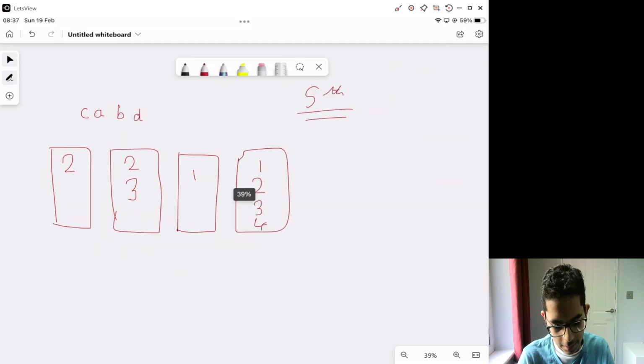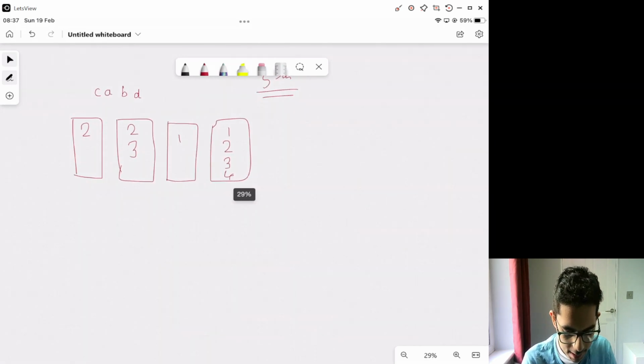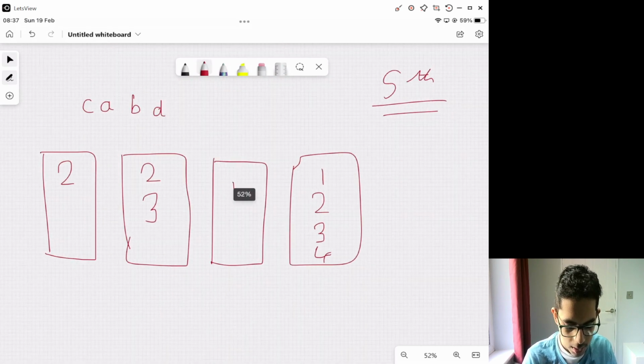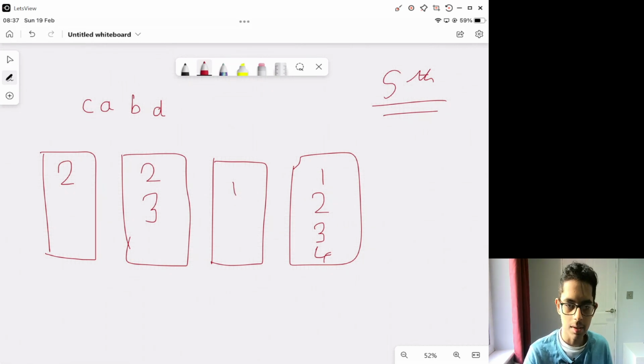Now, the way in which we're going to do this is because in each of these possible cases, you could go from 2, and then from 2, you can pick either one of 2 or 3. And then from 3, you can pick 1, and then from 1, you can pick any of them. Pretty much you can choose one from each of these, and that's how many choices you have.